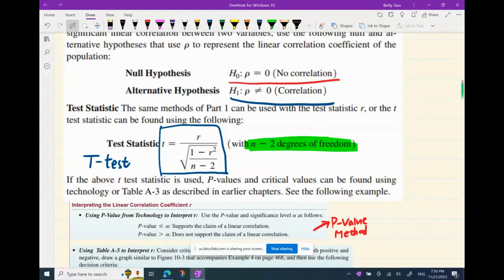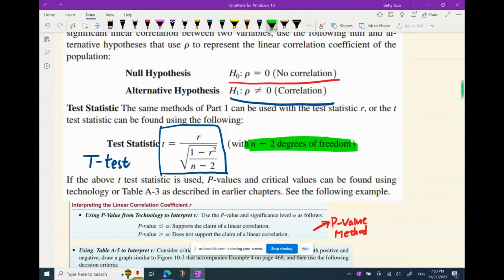If the p-value is low, null must go, which means we reject the null, we reject there's no correlation. So we support there is a correlation.